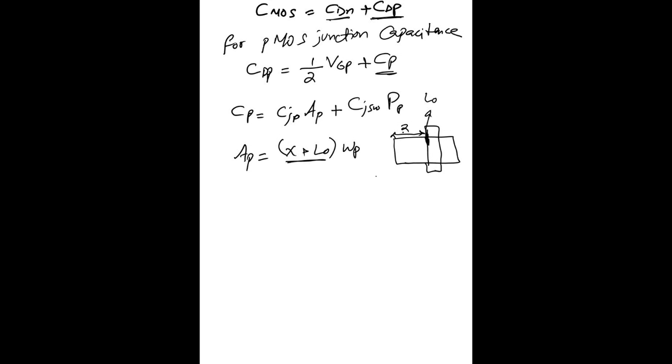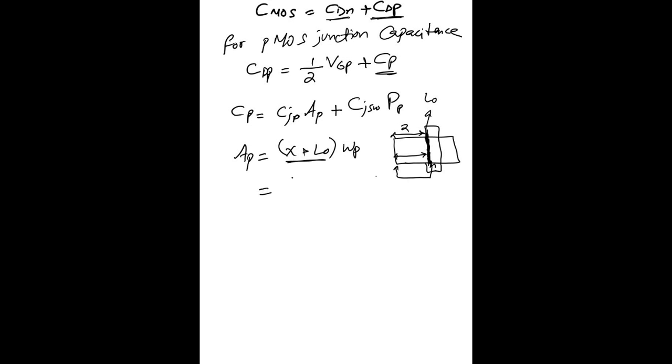X and L0 should be added together, because our total P plus region is from here to this point, not from here to this point. So our total P plus region would be X plus L0, and we are calculating it using this formula.